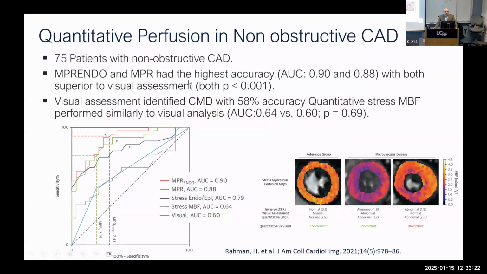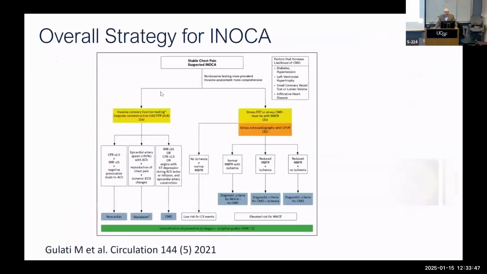However, the caution is that visual assessment of this pattern is really not that accurate, because we also have cases where it's very global and you can't appreciate much of a gradient. Adding the quantitative assessment significantly improves accuracy, whether you look at the endocardium or the global myocardial perfusion reserve.